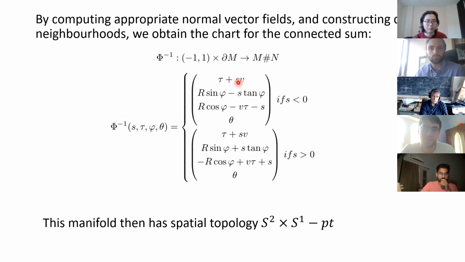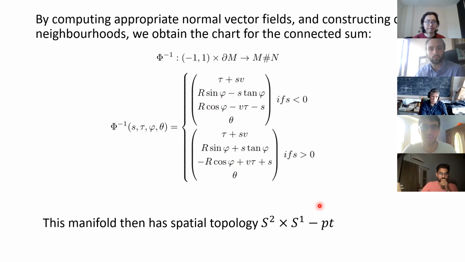If you look at s equals 0 here, this point will be the same, except this is minus r cos phi plus v tau, and this is r cos phi minus v tau there. They're minus one times each other, but in our new manifold, the idea is that these are the same point. They're identified. So that's where that difference comes from.